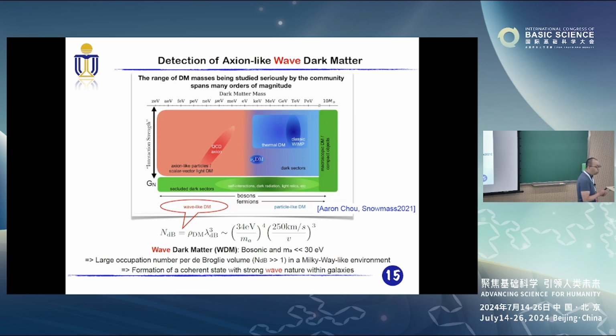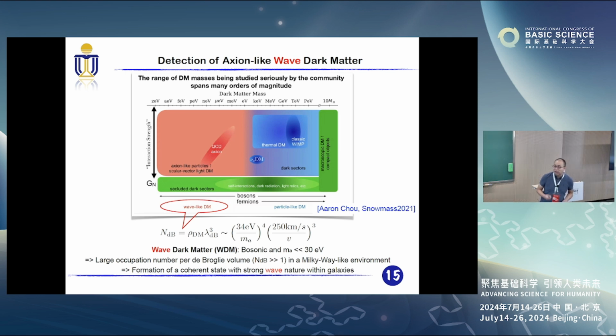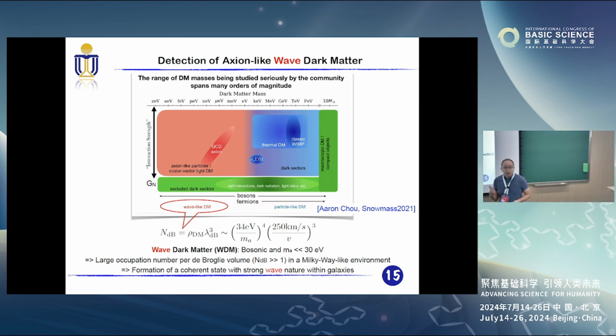The first one is macroscopic objects, such as primordial black holes. The second one is particle-like, such as weakly interacting massive particles. And the third one is wave-like, or in short, wave dark matter.